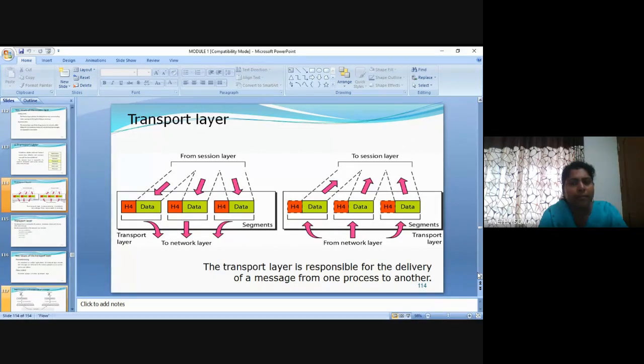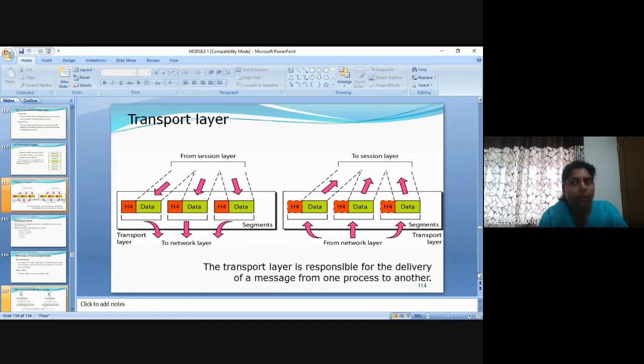Okay, understanding? It is responsible for the delivery of a message from one process to another. The meaning is, I have posted a letter to my cousin. Once it reaches my cousin's house, that is the function of one layer that we have not yet studied. Who will do that? Once it reaches my cousin's house, to the address of that house, that will be done by a particular layer.